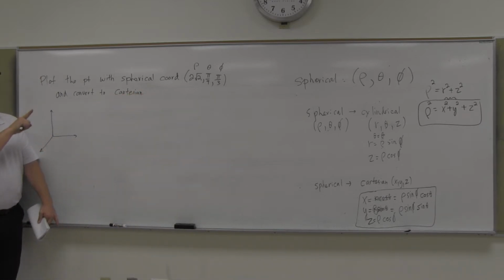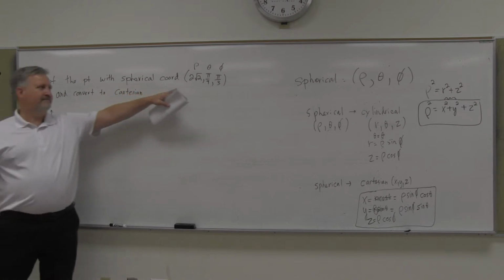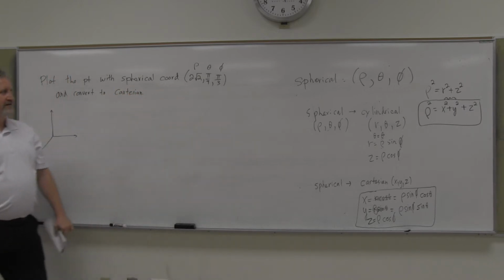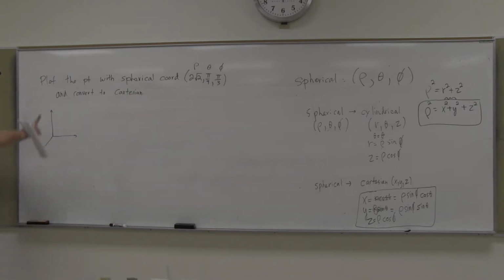Well, I could go a number of infinitely many ways, let's say, to 2 square root of 2, that distance out, right? There's infinitely many ways I could go. But the angles kind of tell us where we go. All right, so theta is pi over 4.